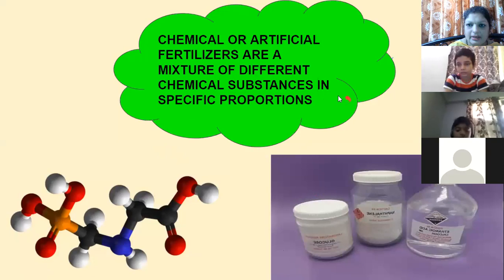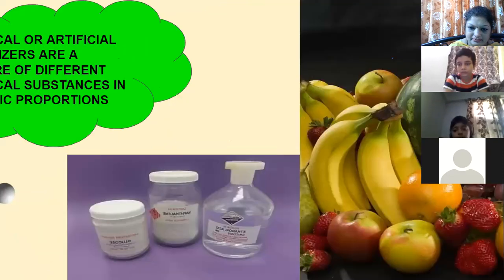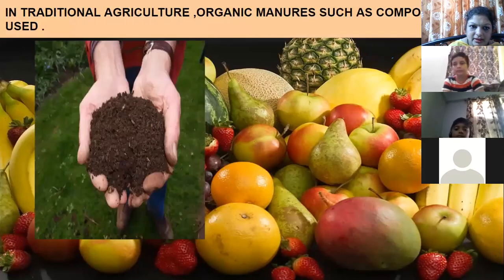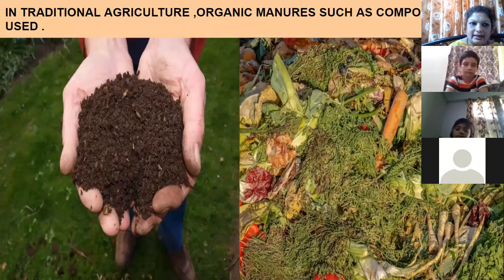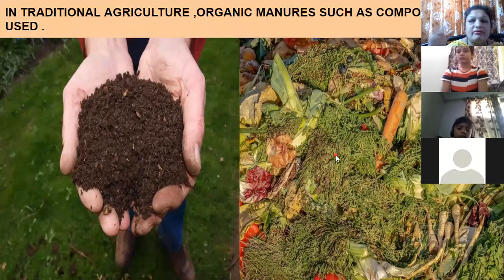Okay, the next. Now this is traditional agriculture. Traditional means using the old methods of agriculture. So in traditional agriculture, our forefathers, who were in villages, did all this, and even now in villages they are using traditional methods of agriculture.